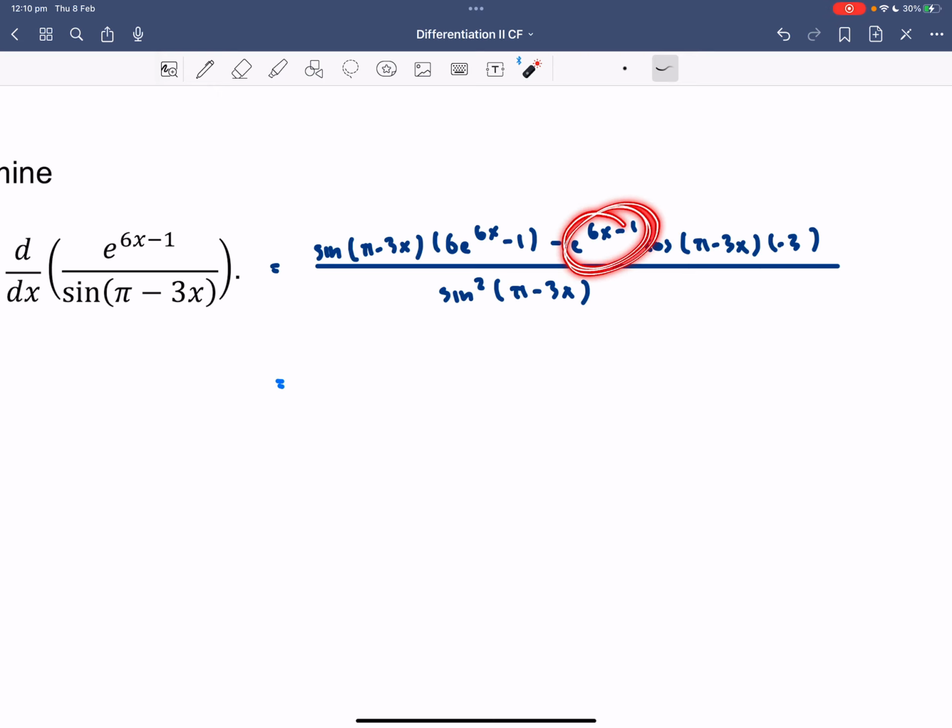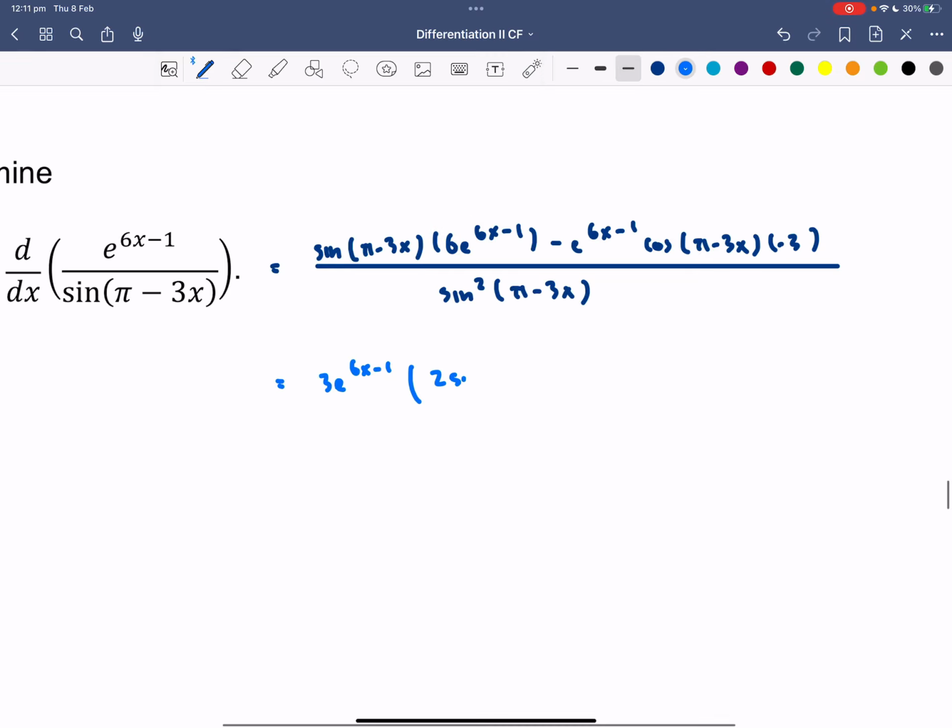We can't even factorize this out because it's got to take one. Actually, sorry, this is over here. My bad. We can factorize out the e to the 6x take 1. Anything else I can factorize out? This one says 6, this one says 3. So I can factorize out 3e to the 6x take 1. What does that leave me with? A 2 and the rest of the sine: 2 sine pi take 3x.